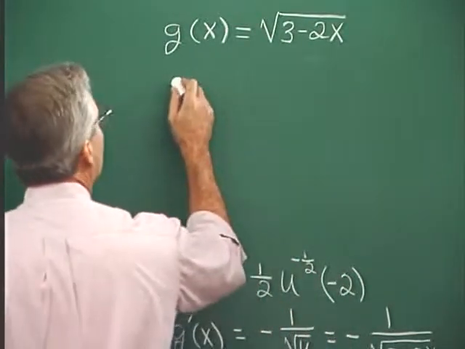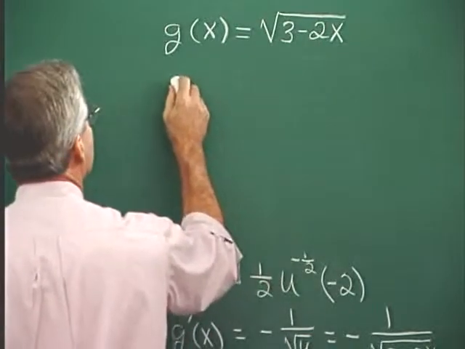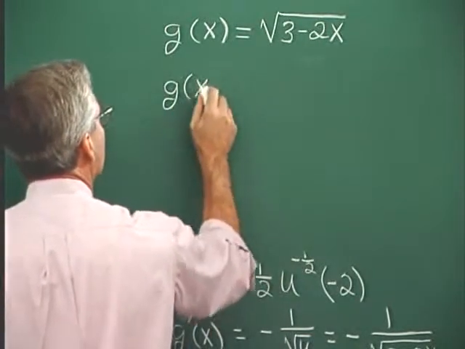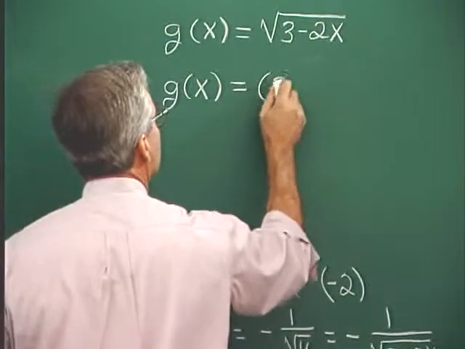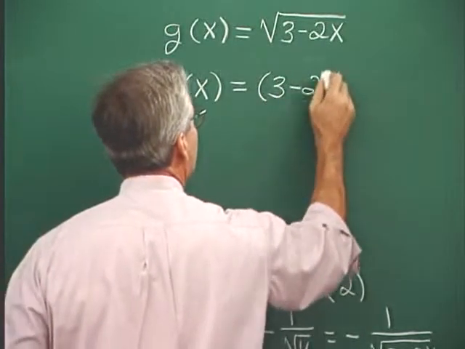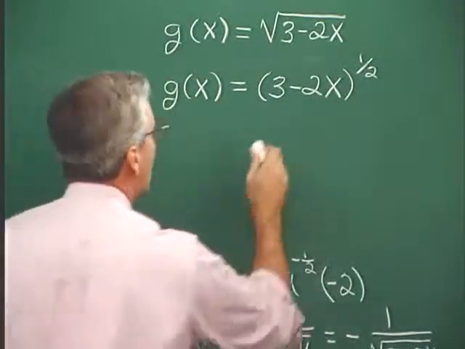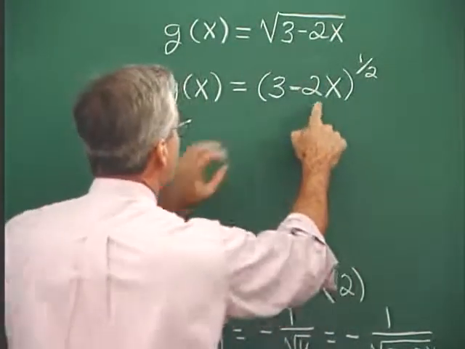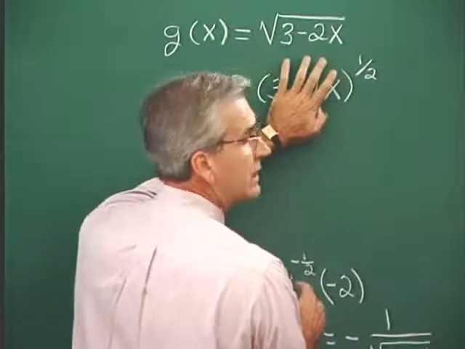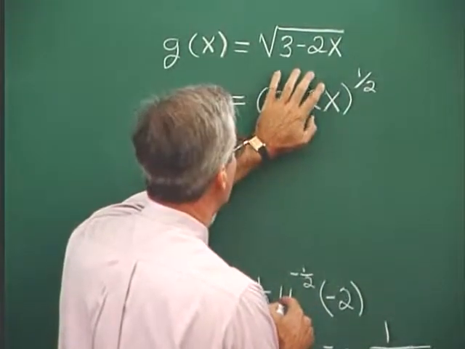All right, just think of this. I'm just going to rewrite this for convenience as 3 minus 2x to the 1/2 power. That's kind of helpful. All right, now I'm just thinking of a single entity here. Think of single entity. Here's our u from before, but just think single entity.